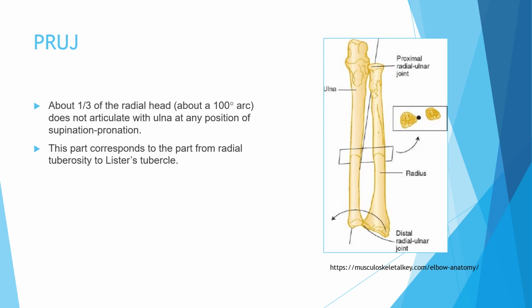So you need to put it in an arc corresponding to the area between the Lister tubercle and the radial tuberosity. That part of the radial head, from the Lister to the radial tuberosity, will not articulate with the ulna, whether in supination or pronation.